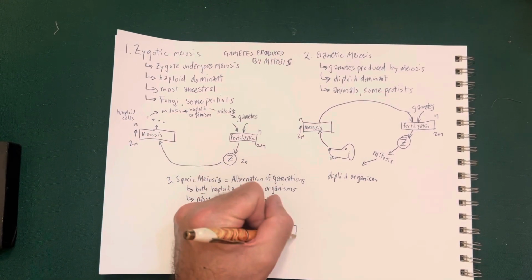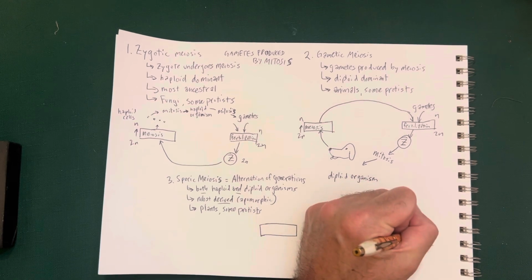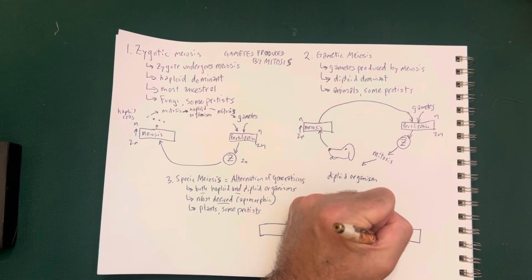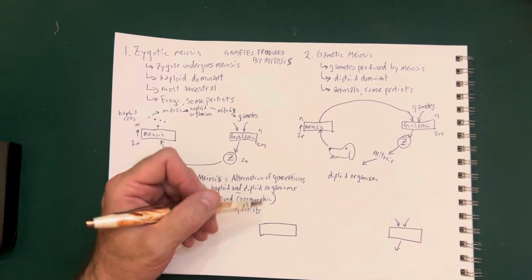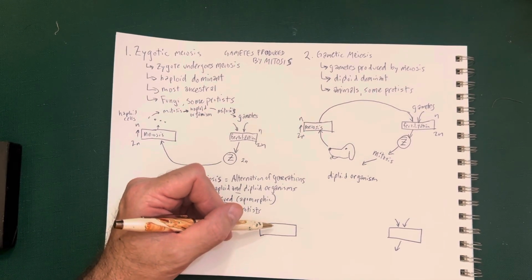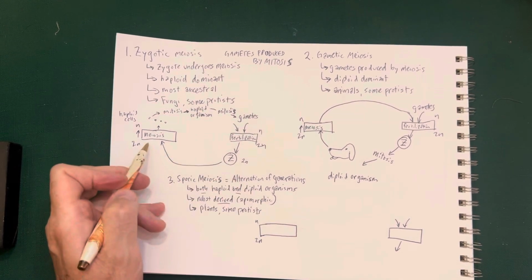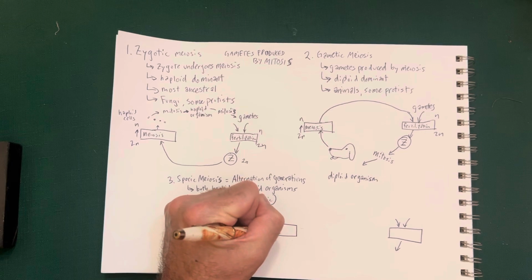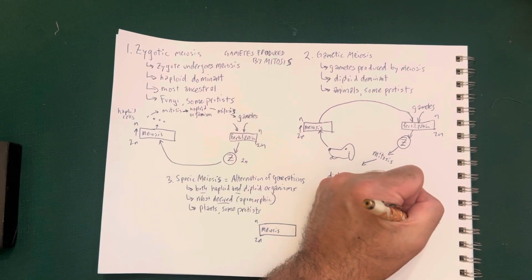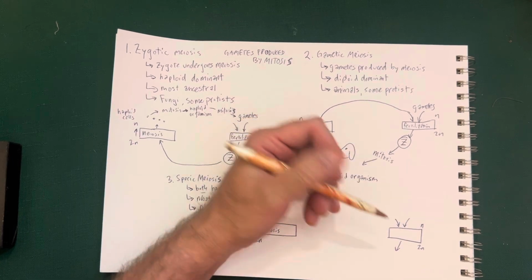So one more time, I'm going to draw my boxes, and draw some arrows like that. What's this going to be? Going from diploid to haploid. Oh, it's meiosis there. It's going to be meiosis here. And going back and forth from haploid back to diploid, what's going to be over here?